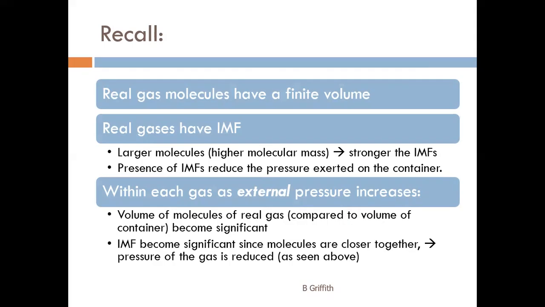Remembering that our real gases have finite volume, real gases have intermolecular forces, and the external pressure is increasing. Within each gas, as external pressure increases, the volume of the molecules becomes significant, and the intermolecular forces increase.